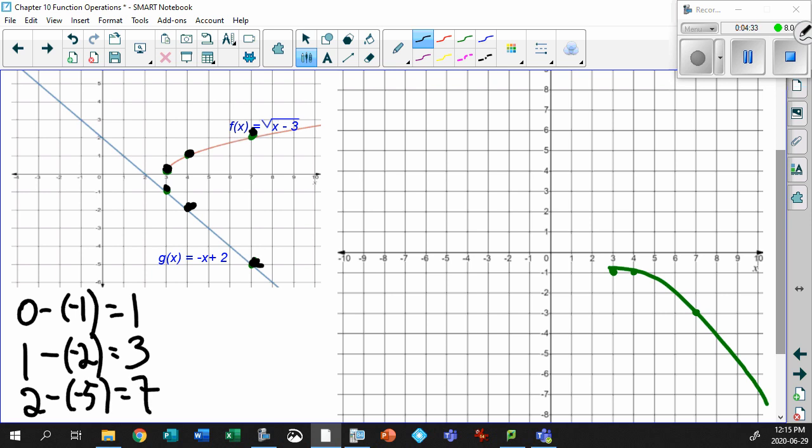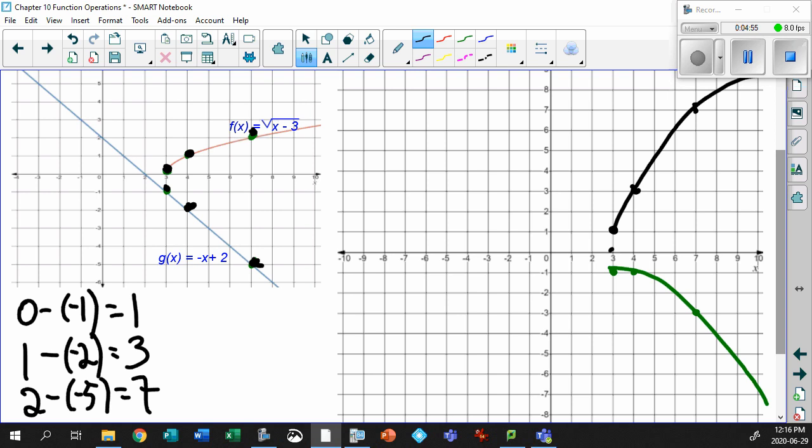So at these points, at 3 it is going to be 1, which is right here. At 4, it's going to be 3, which is here. And then at 7, it's going to be 7. It's going to be right out here. So the graph looks like it's going to go in kind of this direction like that.